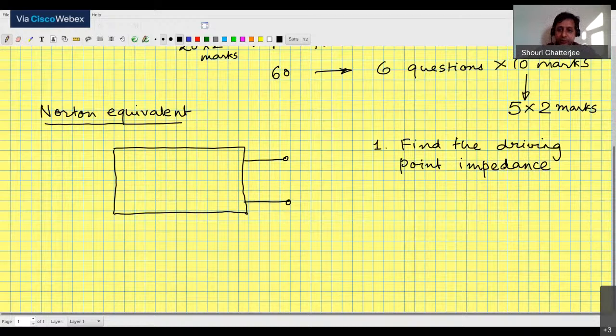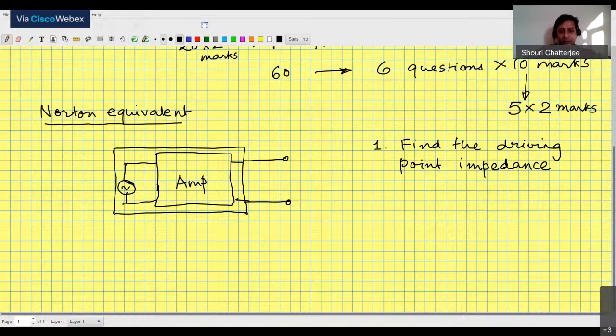When you want to find the driving point impedance, inside this there is an input voltage, the input to the amplifier. So this is your amplifier inside. Maybe this is a common source stage or common gate, whatever it is, it doesn't matter. This is an input voltage source or input current source.